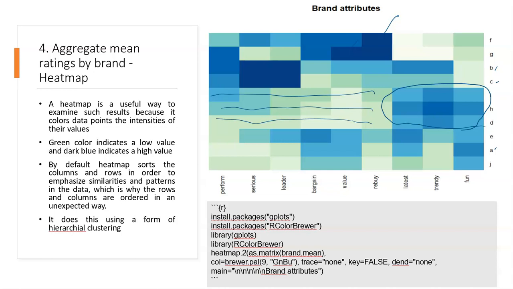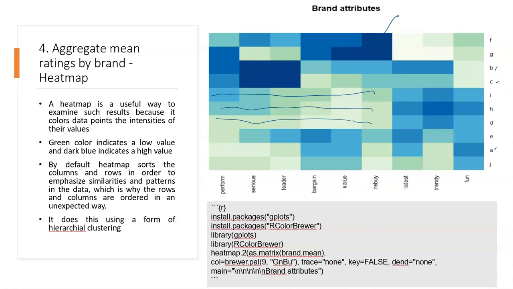These three brands, I, H, D. If you see E, A, J, E is a brand which is ranking a little high on all these variables: leader, bargain, value, rebuy, latest, trendy, fun.